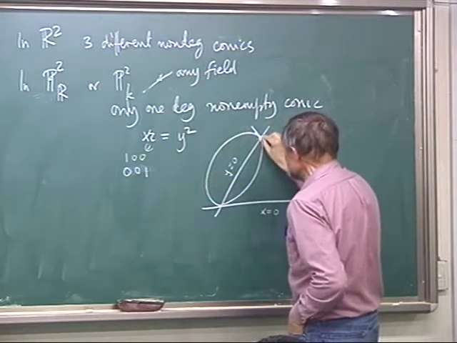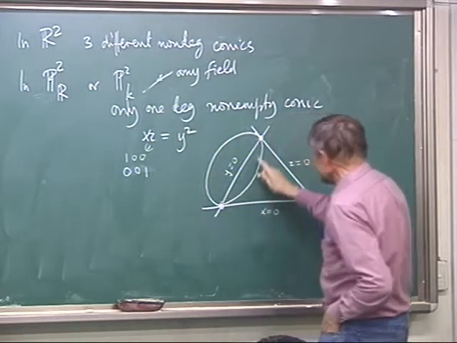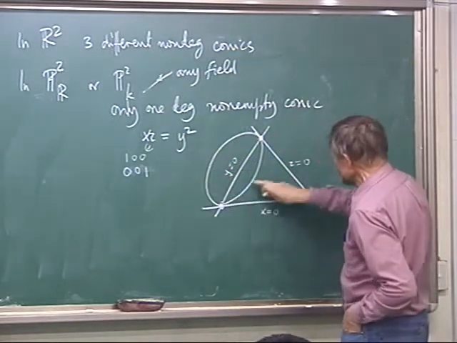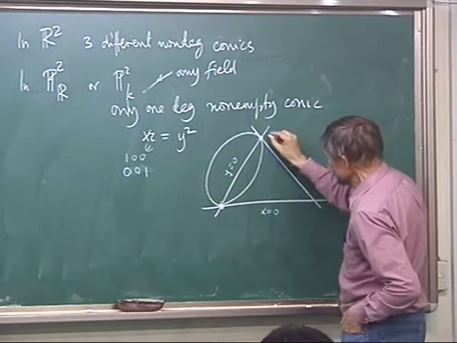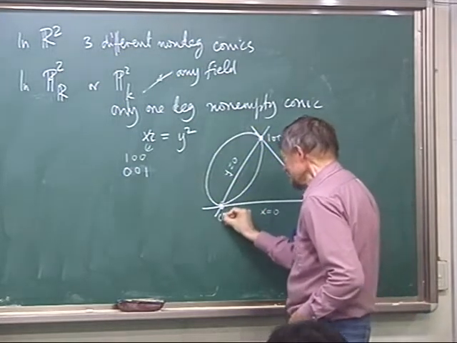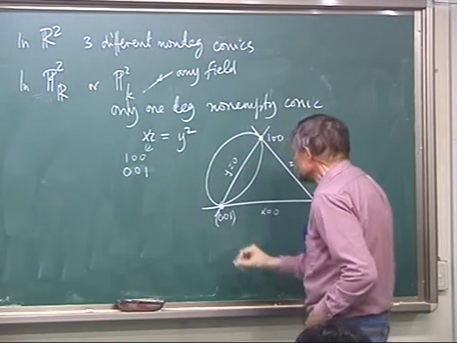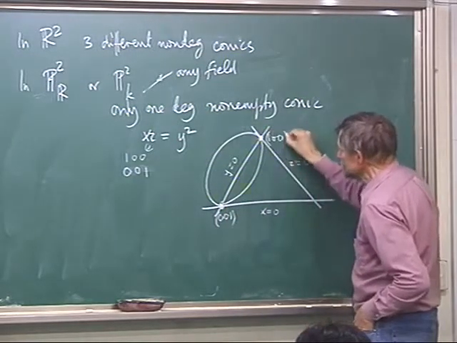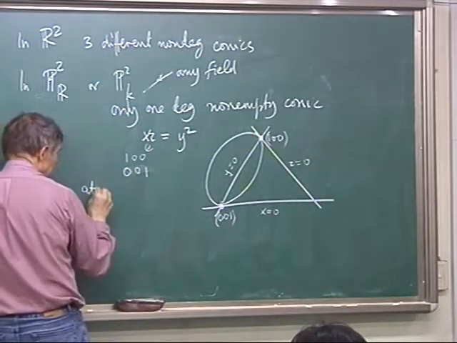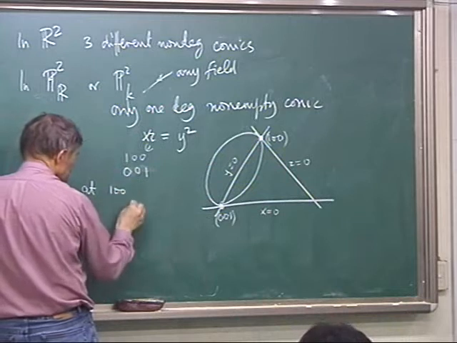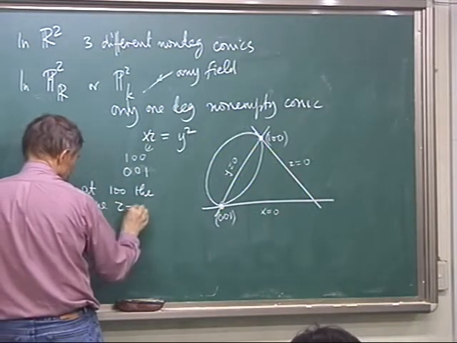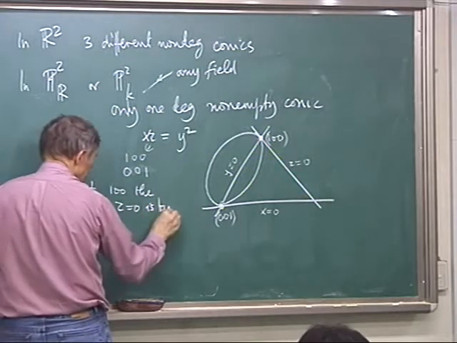It passes through these two points. This is where y equals 0 and z equals 0, so this is the point 1, 0, 0, and this is the point where y and x are 0, so it's the point 0, 0, 1. And at 1, 0, 0, the line z equals 0 is the tangent line.